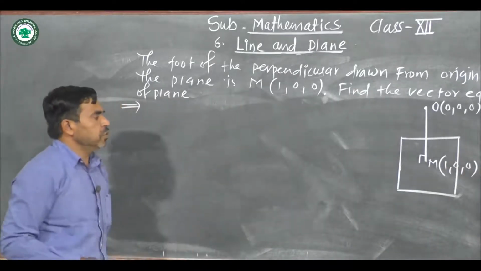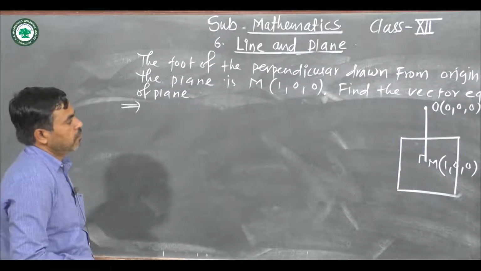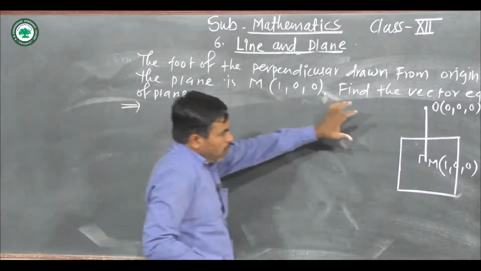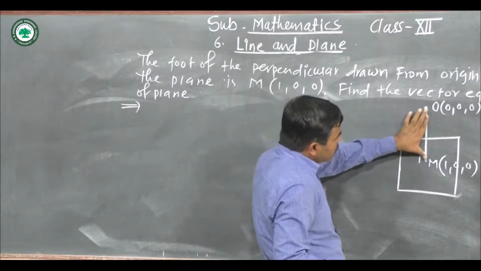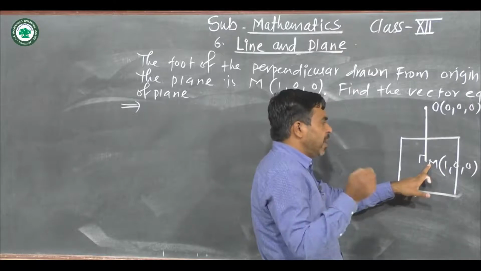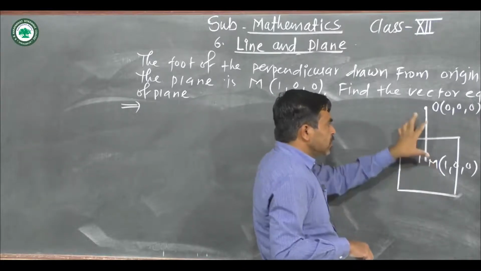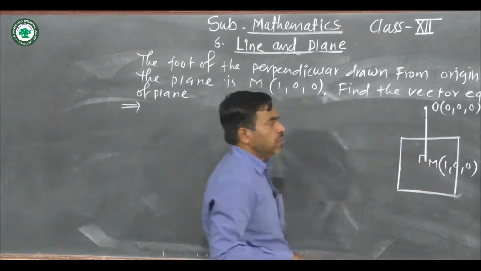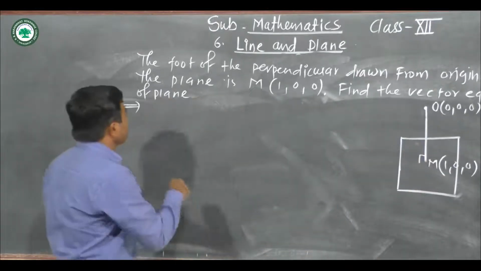Find the vector equation of plane. See, now OM is normal to the plane. Point M lies on the plane, so the plane passes through the point M, means normal is known, the point on the plane is known, so we can find the equation of plane in vector form.